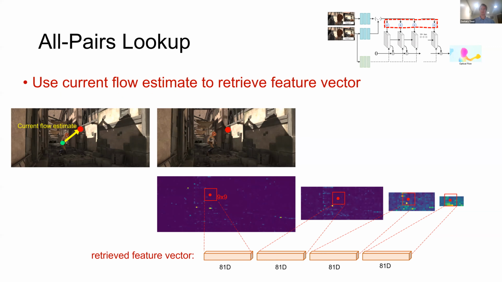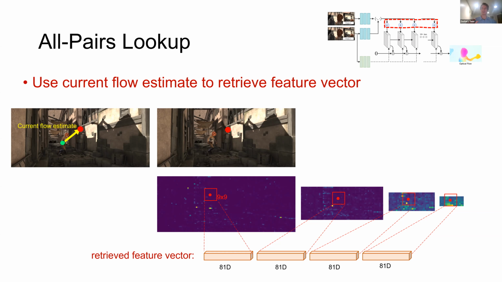Finally, we define a lookup operator, which we use to retrieve features from the correlation volume. Let's say we have a current estimate of optical flow shown in the red pixel. We construct a 9x9 neighborhood grid, and we use this 9x9 grid to sample from each level in this correlation pyramid. When we index from the high resolution pyramid level, this gives us information about small displacements, or displacements in a very local window of our current estimate.